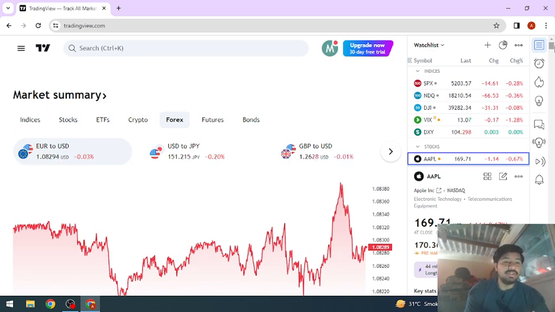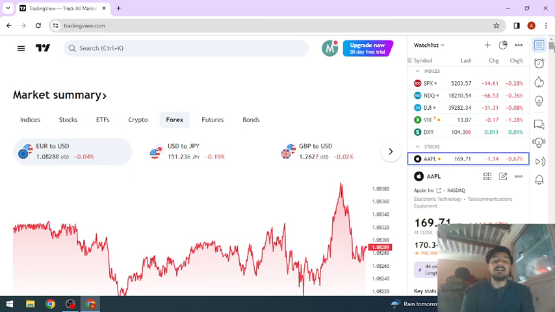Like you can see euro to USD. If you want to talk about currency pairs, euro to USD is a powerful currency pair in the world. The next one is USD to JPY, basically Japanese currency. The next one is GBP pound to USD dollar.